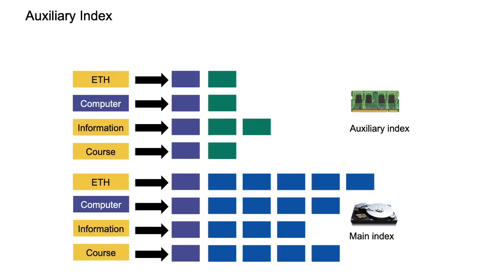But then we saw that actually doesn't scale, because if you just merge the auxiliary index into the disk naively, every time it's full, you merge it again, that also doesn't scale well. It's not efficient. There is a more clever way to do that, based on this game 2048.